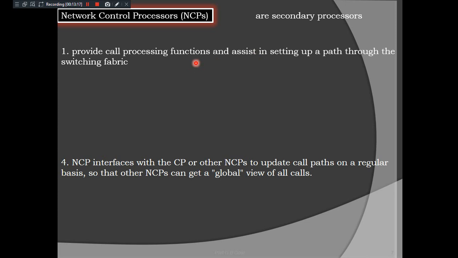Just recall; similar concepts will be coming here. You simply have to recall and continue the elaboration. So here you can say they provide call processing functions in call supervisory operation, and how NCPs are going to support that, we can tell about that.